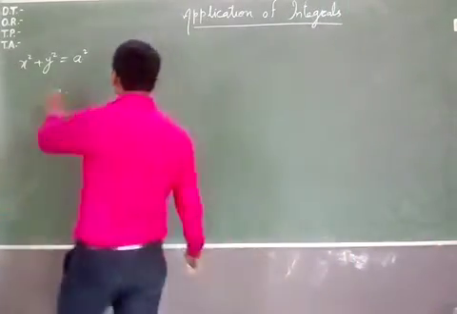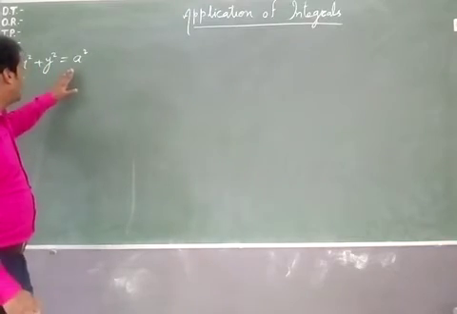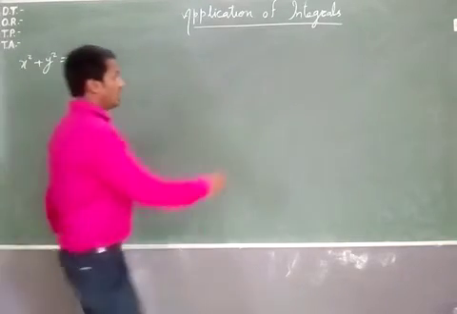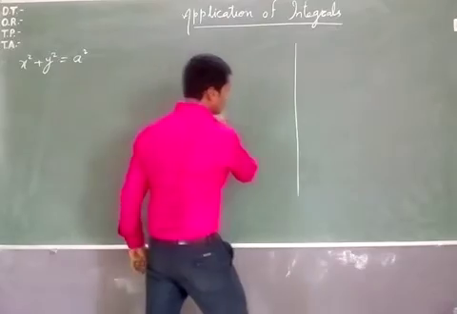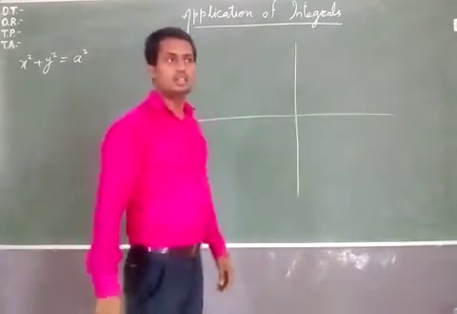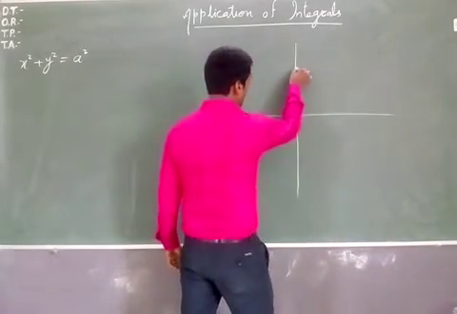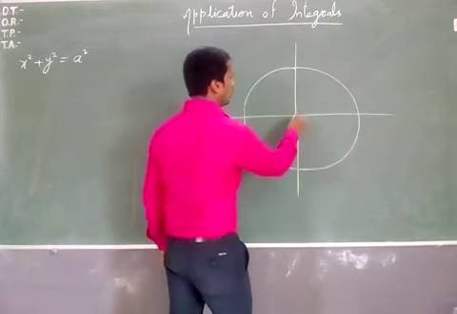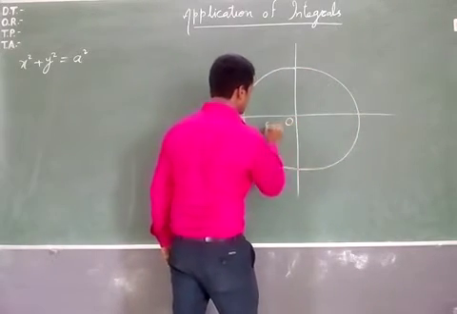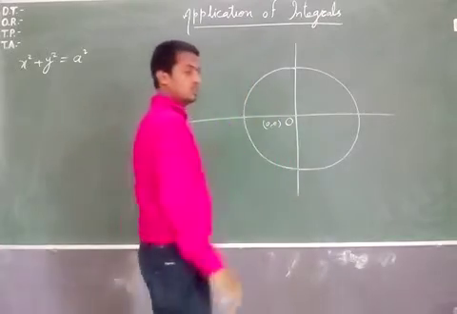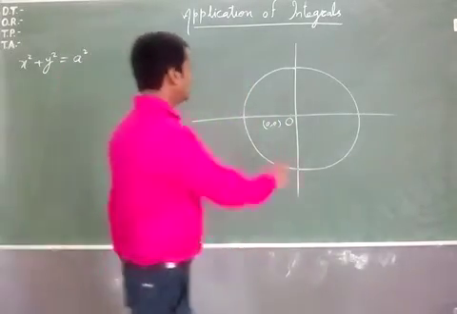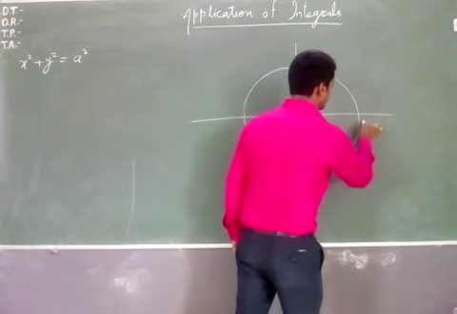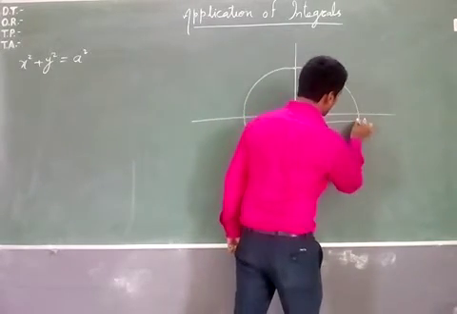So first of all, we have to draw the diagram of the circle. Now this is the origin, center is 0, 0, and radius is a.